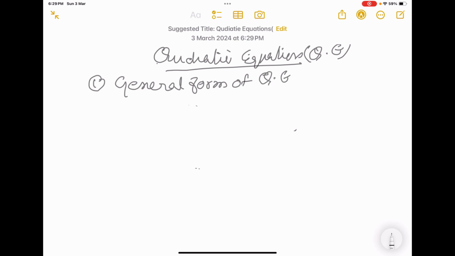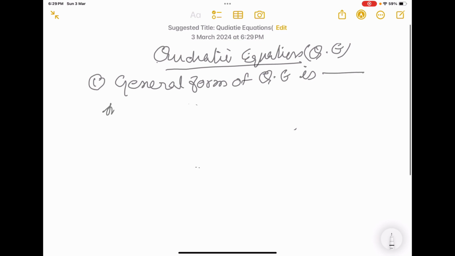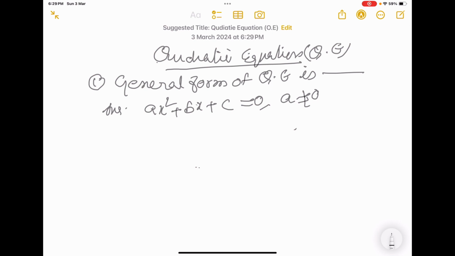QE is ax square plus bx plus c equal to 0, where a is not equal to 0, and b and c can be 0 or non-zero, and a, b, c are real numbers.